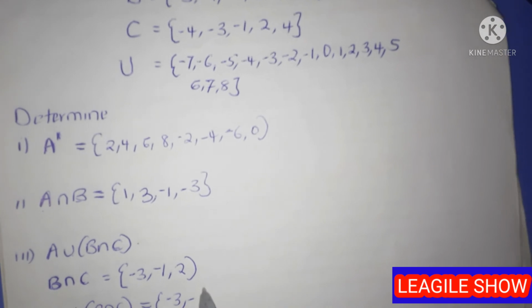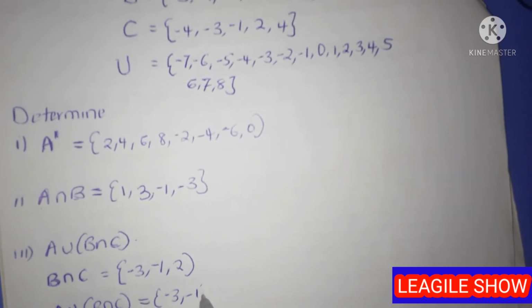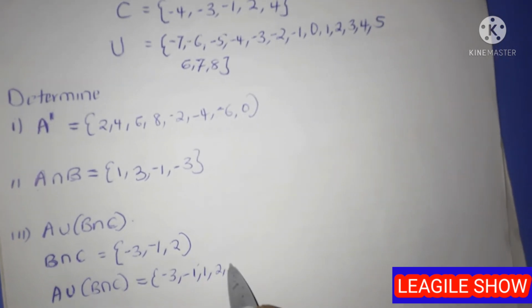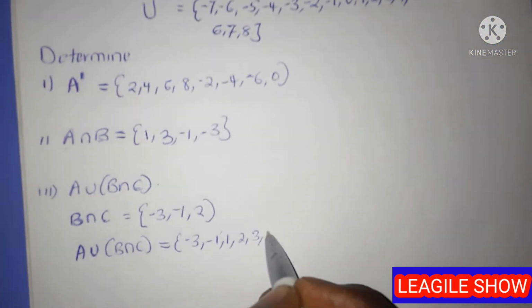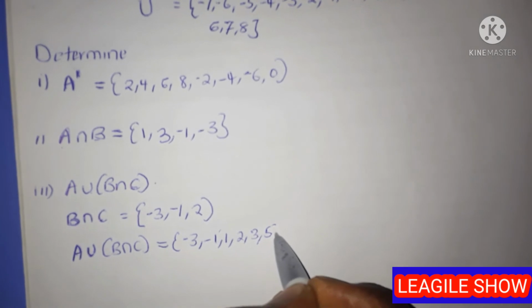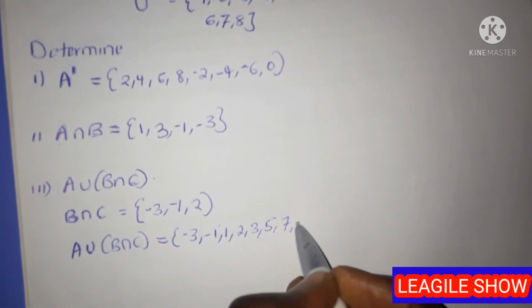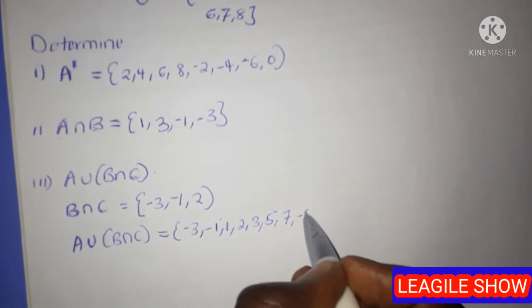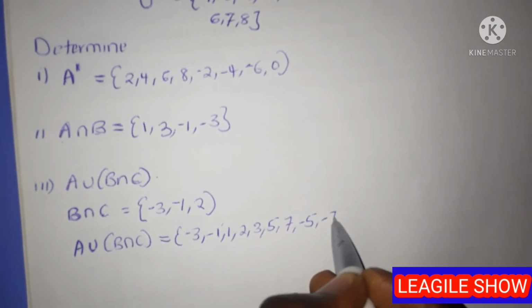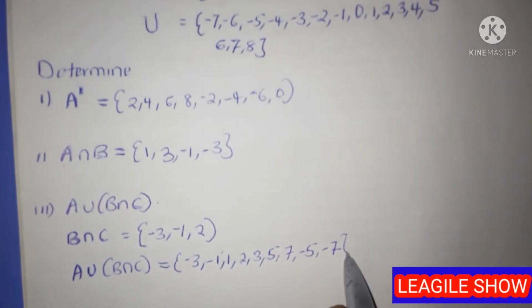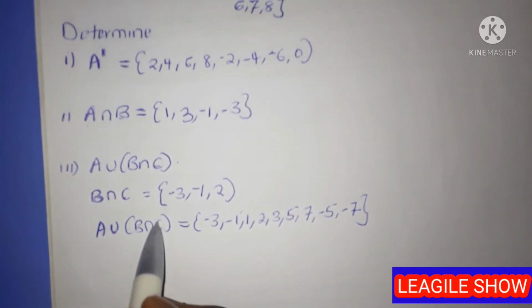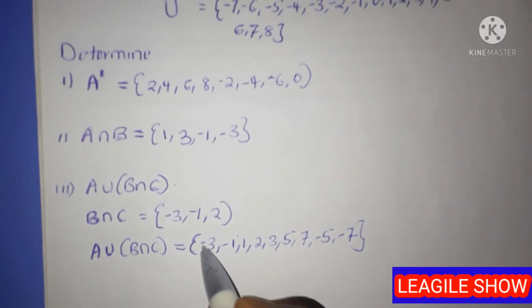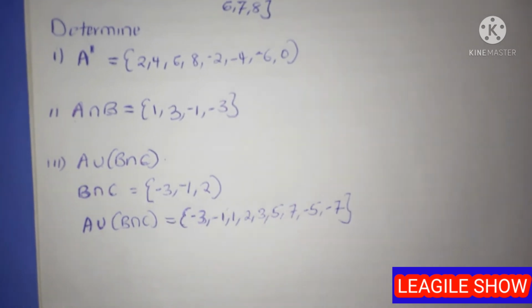I'm seeing -1, 1 is there, 2, 3, we're having also 5, 7, -5, and we're also having -7. So A union intersection of B and C, these are the elements that we are going to find.